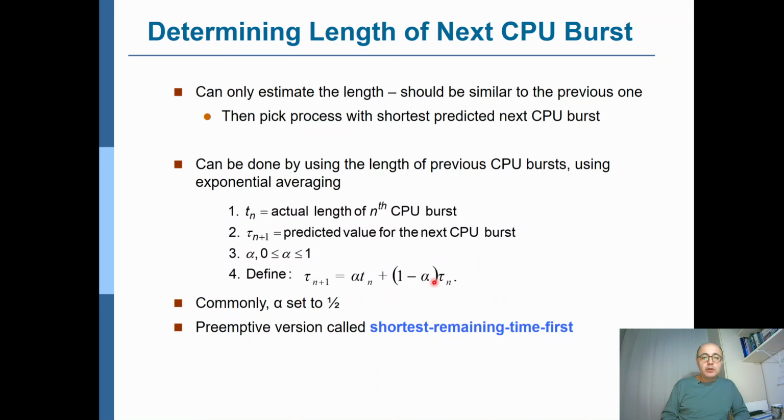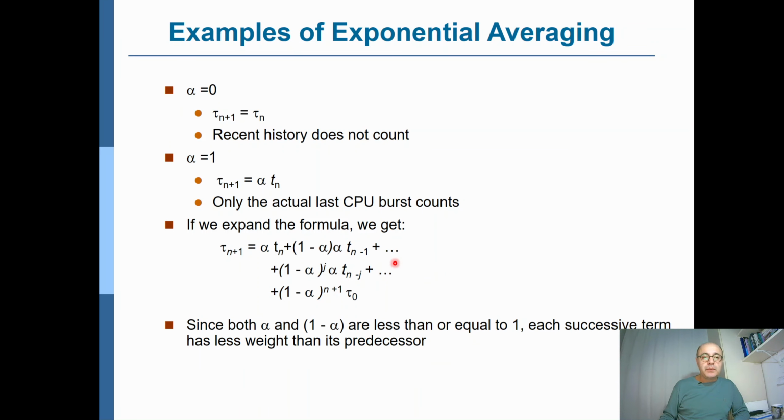So actually, when alpha is equal to 0, I don't consider the recent history at all. I'm not looking at the observation, but I'm just basing my prediction for the future on my previous estimation, which was based on the previous one and the previous one.